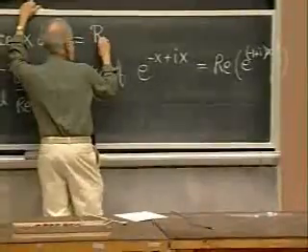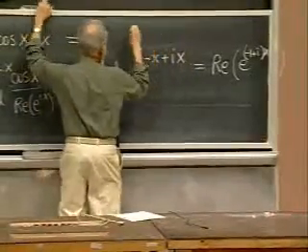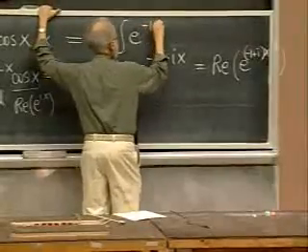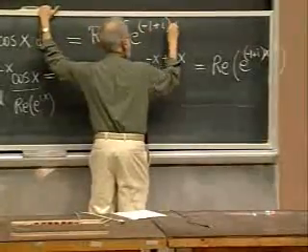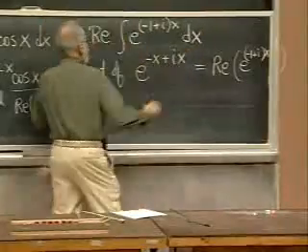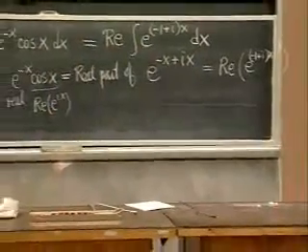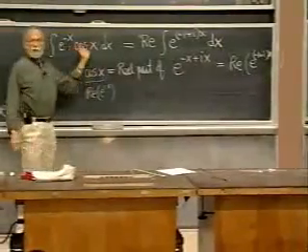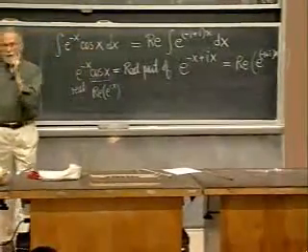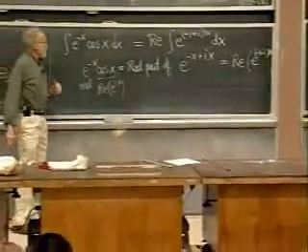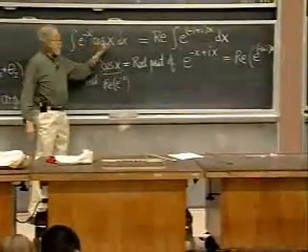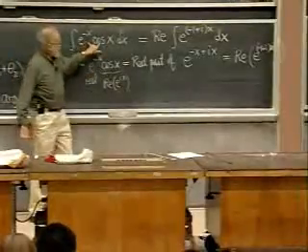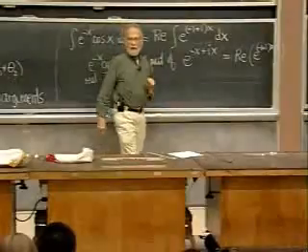This is going to be the real part of the integral of e to the (minus 1 plus i) times x dx. This procedure is called complexifying the integral. Instead of looking at the original real problem, I'm going to turn it into a complex problem by turning this thing into a complex exponential. This is the real part of that complex exponential.